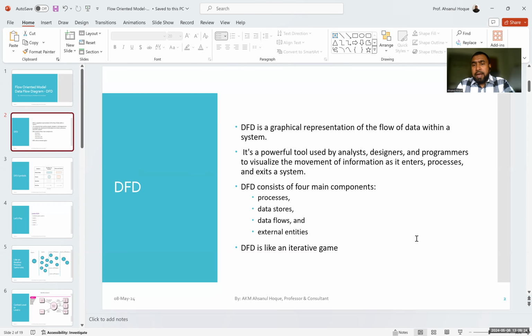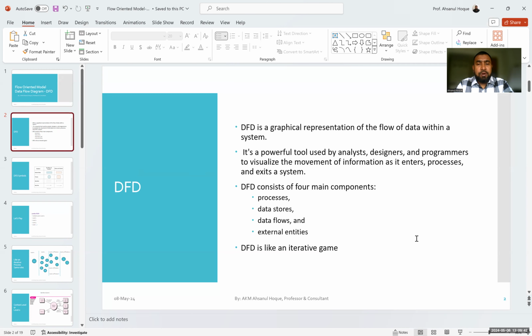The data flow diagram also has different components like all other diagrams, such as the use case diagram, swim lane diagram, activity diagram, the flow chart or the entity relationship diagram. All these diagrams have different components and different symbols.